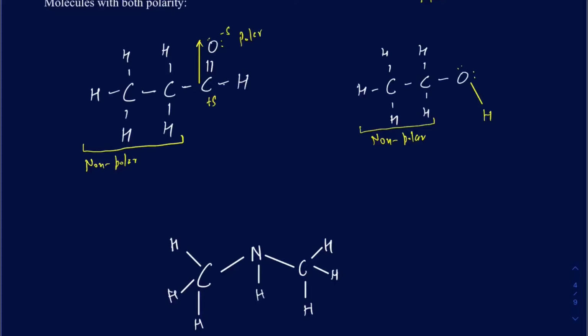That's how it's usually drawn. And then you can clearly say oxygen is going to be more electronegative. It's going to have a partial negative charge. This hydrogen is going to have a partial positive charge. That carbon is also going to have a partial positive charge. So you have a dipole going from the carbon to the oxygen, and then you also have a dipole going from the hydrogen to the oxygen.